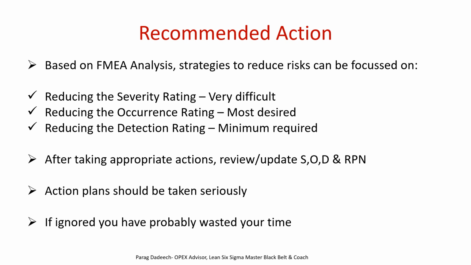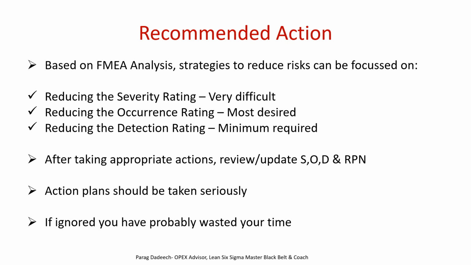This RPN number can be reduced by lowering any of the 3 ratings, severity, occurrence, detection, either individually or in combination with one another. Reduction in the severity rating is generally the most difficult task. It requires a physical modification of the process equipment or layout.